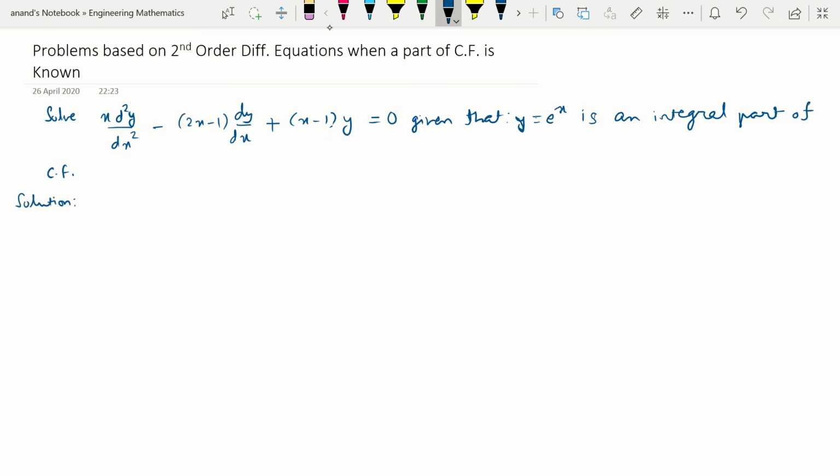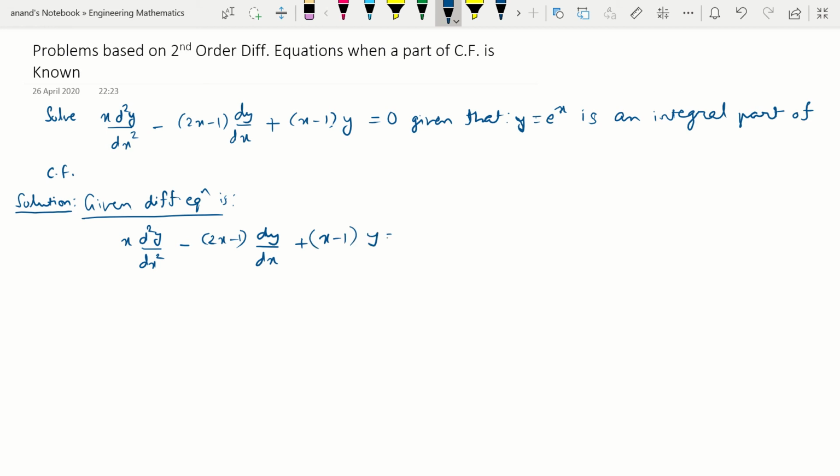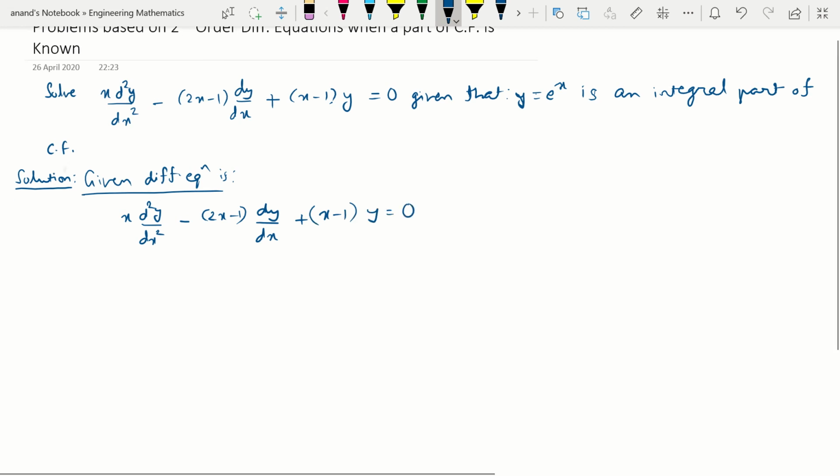So, in the solution, first of all, we need to convert the given differential equation into standard form. The given differential equation is x d2y by dx2 minus (2x minus 1) dy by dx plus (x minus 1) y equals 0.